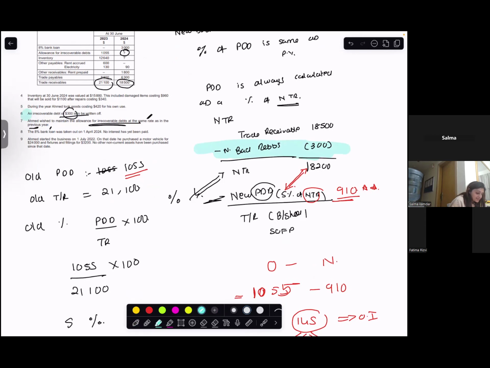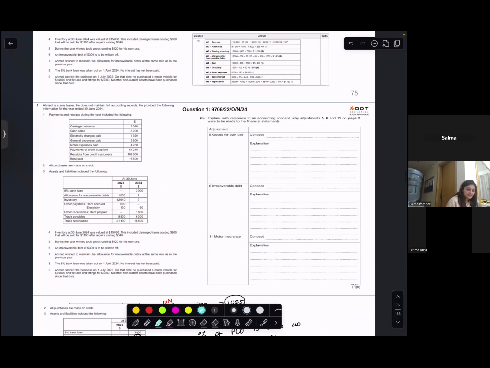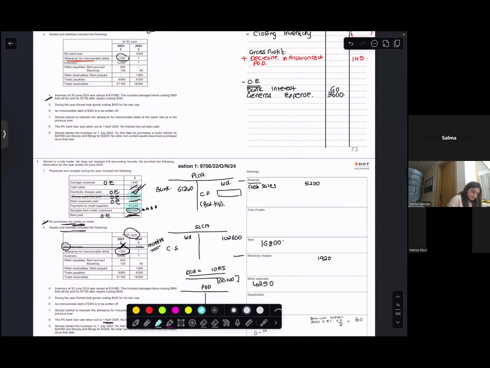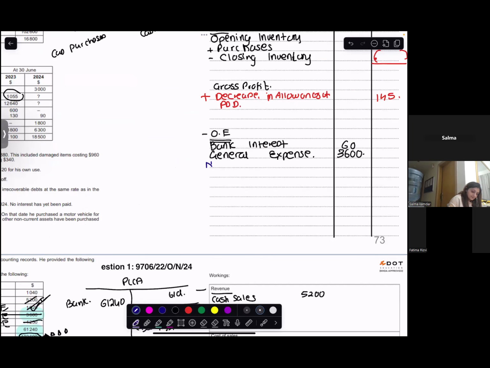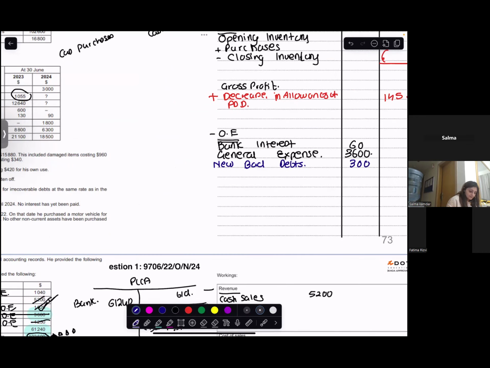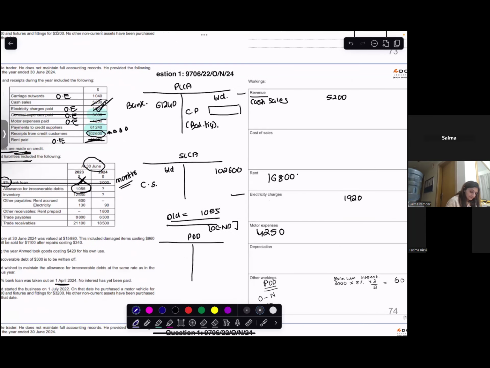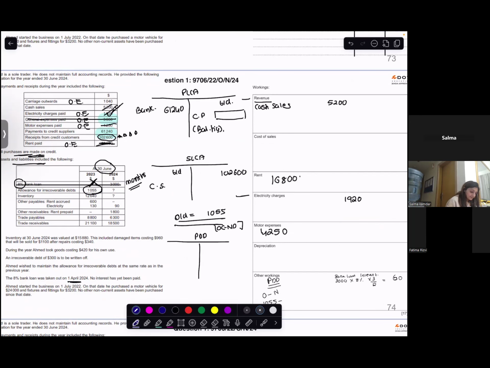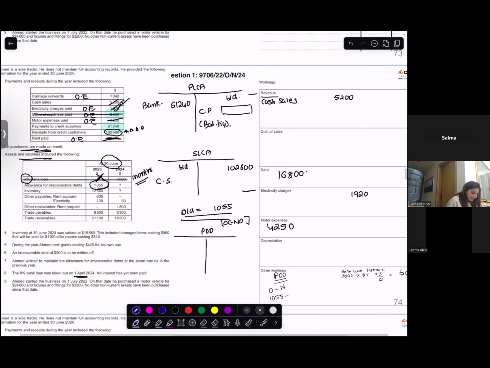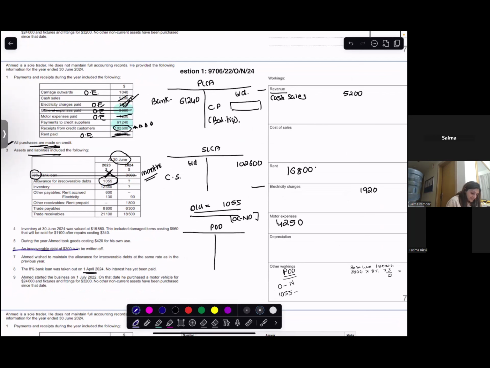It's in the adjustment. It's new bad debts. Will it come or will it not come? It will come as other expenses. Go and write it. I hope you're with me. With this, I complete adjustment number 6.